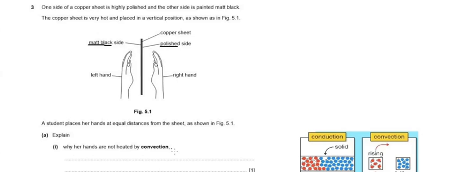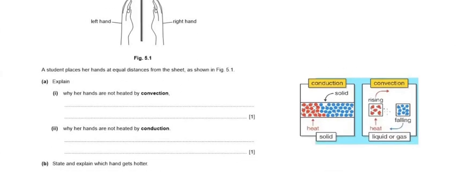So what is convection? Basically, convection is when the particles of the medium gain heat and their temperature rises, and these particles with higher energy, the hot particles, rise, and the cold particles move towards the bottom.